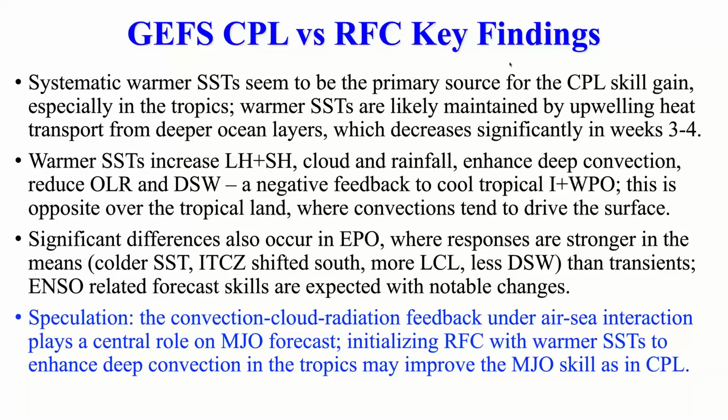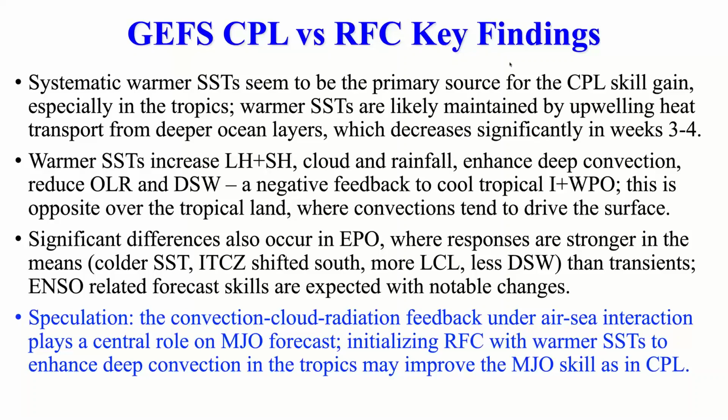So warmer SST increases the latent heat plus sensible heat, and the cloud also increases the cloud and rainfall and enhances the deep convection. This reduces OLR and the downwelling shortwave radiation at the surface, and a negative feedback to cool the tropical Indian Ocean plus West Pacific Ocean.